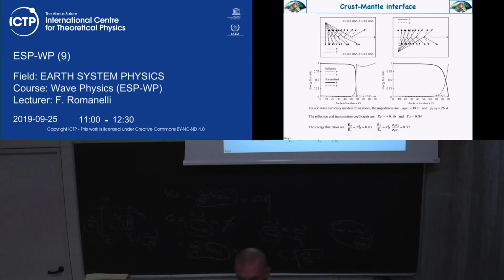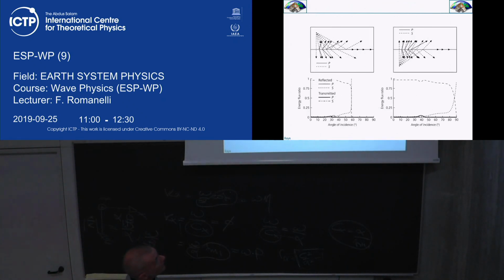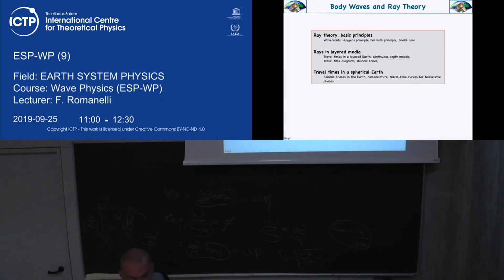We can write the equations, guess the solutions, and apply the boundary conditions, studying reflection and transmission coefficients. Both coefficients contain the information about trajectories and amplitudes. But from now on, what we're going to do is something different, maybe simpler.